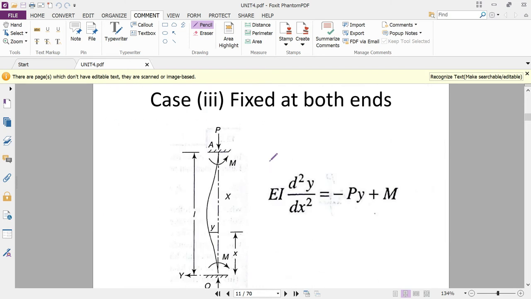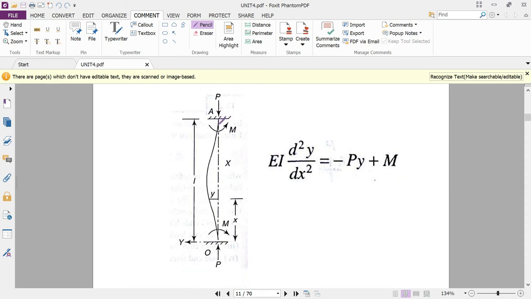Now the next case is fixed at both ends, where top and bottom are both fixed. In that case the column will not be restrained at the top and bottom side, but it will change its bending position exactly from the center, and a moment will be developed at top and bottom because of the fixity.